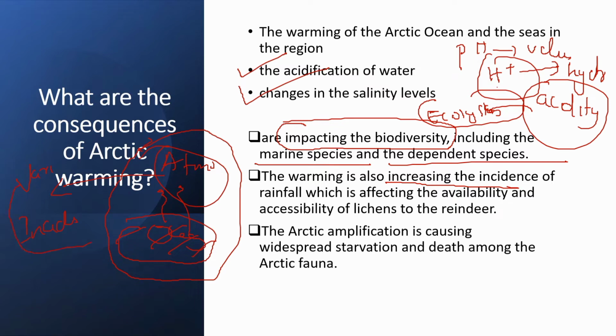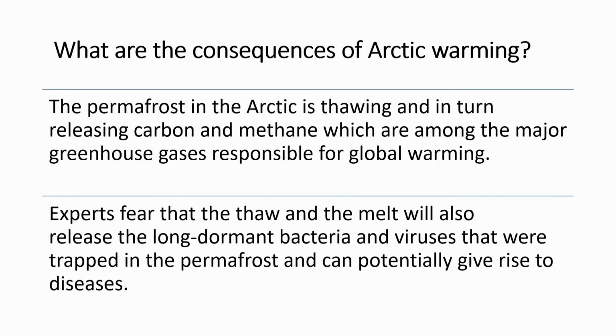This is how these changes will affect phenomena like the monsoon and other meteorological aspects like extreme events such as cyclones, typhoons, etc. The permafrost in the Arctic is also thawing and in turn releasing carbon and methane, which are major greenhouse gases responsible for global warming.